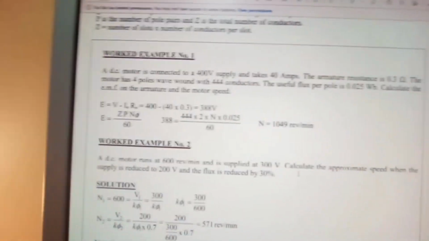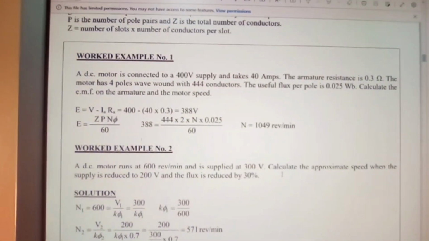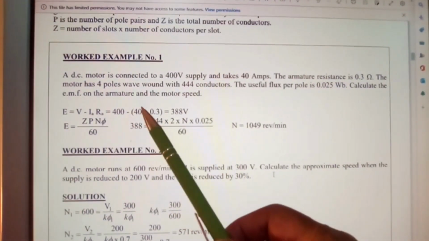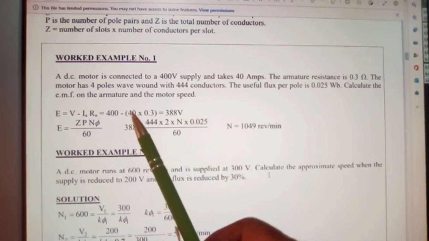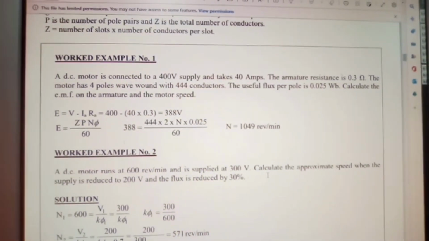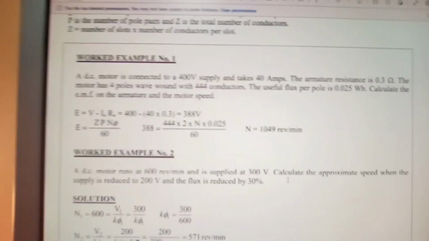Yes, it does work out right. 40 times 0.3 is equal to 12. 400 minus 12 leaves you with 388 volts. So I'm happy with that result.